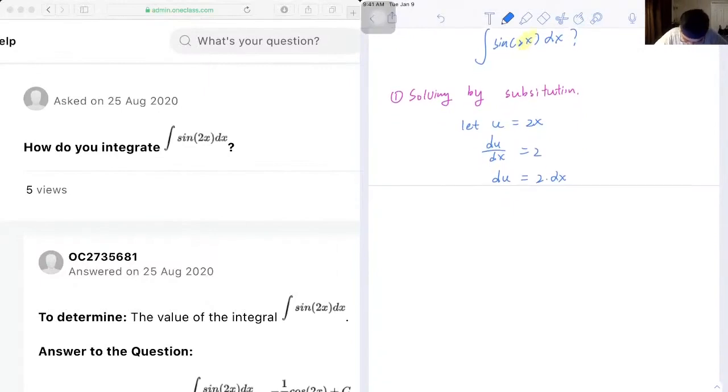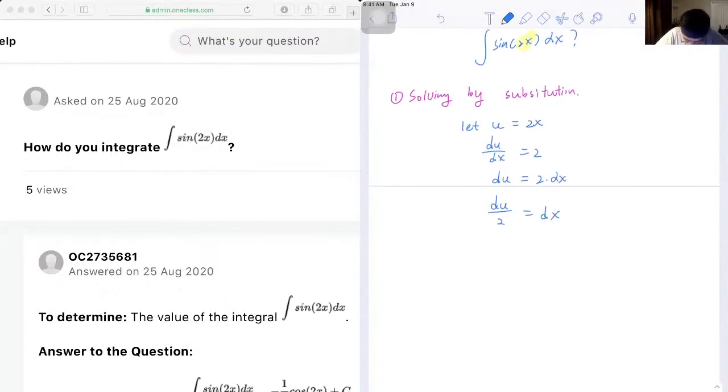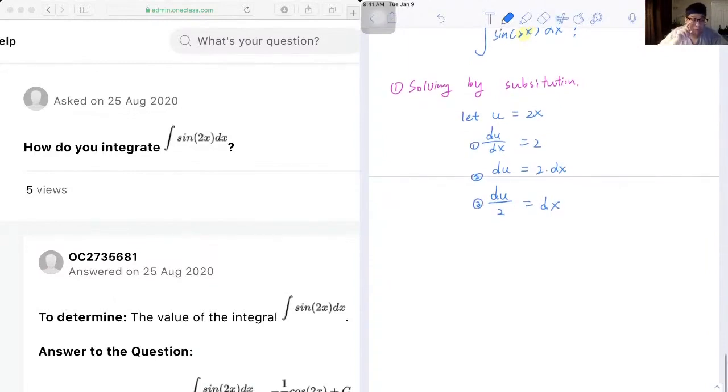Or we can play around with that. This is also going to be equal to du over 2 is equal to dx. Yep. So by letting u is equal to 2x, we have these following equations. Okay.